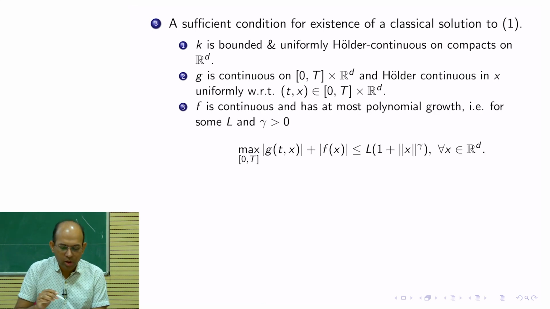Okay. And small f. So, basically we need to put conditions on all these given data k, g, f. For f we assume that it is continuous and has at most polynomial growth, that is for some capital L and gamma, you can write that mod f is less than or equal to capital L times 1 plus norm x to the gamma. So, like a polynomial kind of thing.